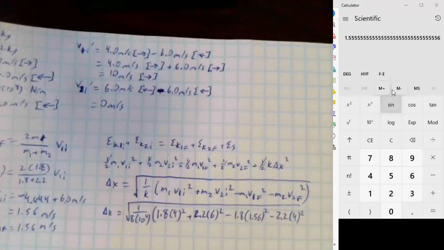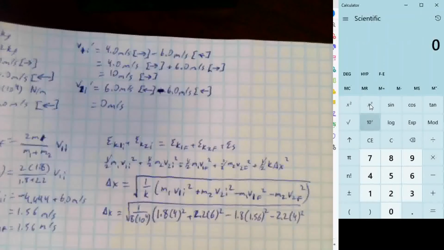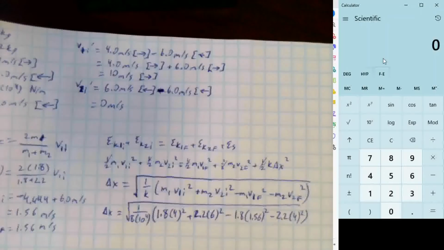So what I'll do, I'm going to save this in my memory so that I can reuse it. That way I can recall that at any time. And I will close this bracket at the end here. I'll divide by my k last.